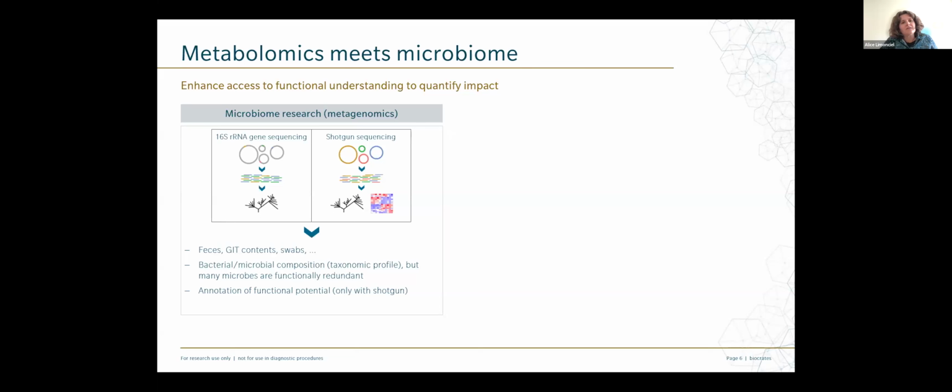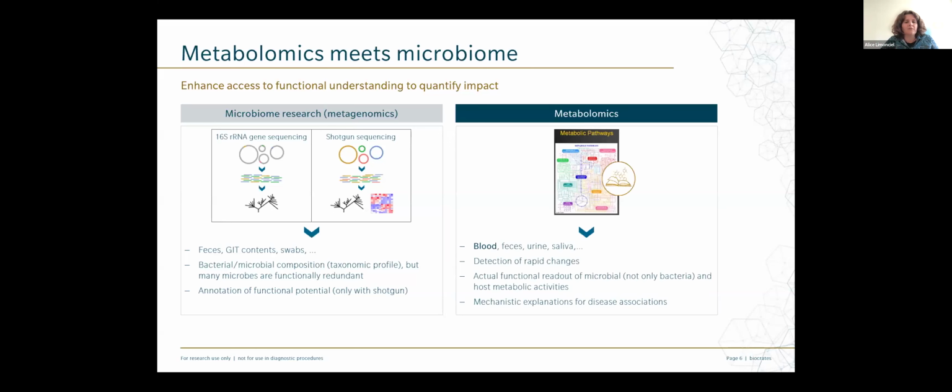The presence of the gene doesn't necessarily mean that the protein is expressed, and it doesn't necessarily mean that the activity at the metabolic level is happening in the way that we can expect just based on the gene levels. And so for that, it's really interesting to combine metagenomics with metabolomics, because with metabolomics, of course, you get directly the metabolite levels.